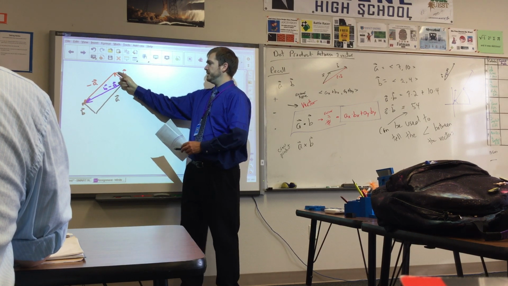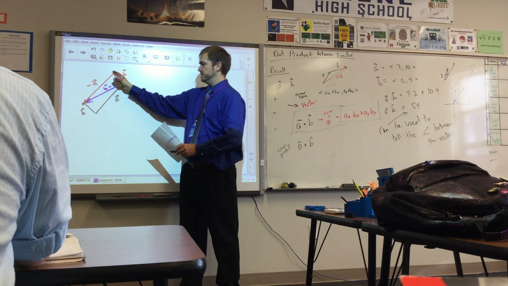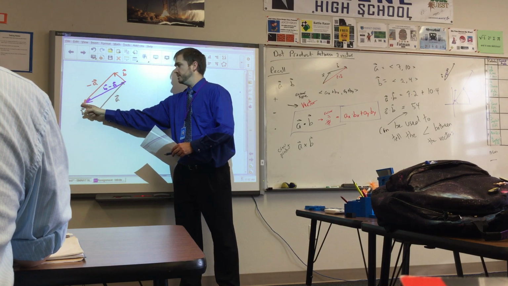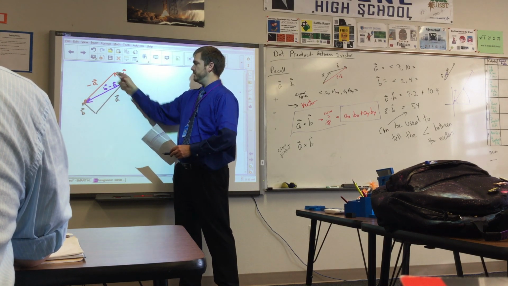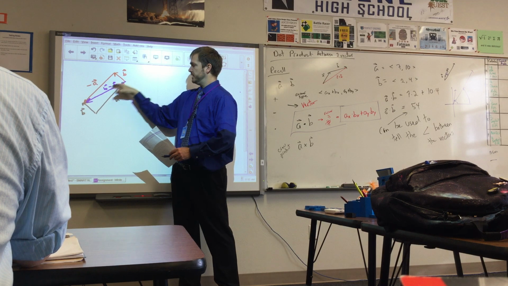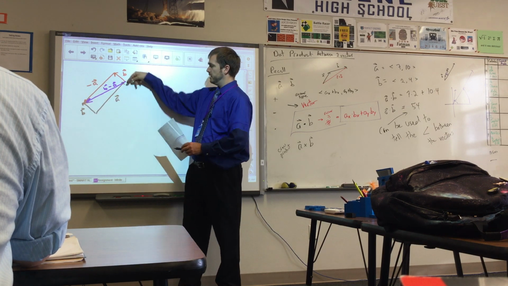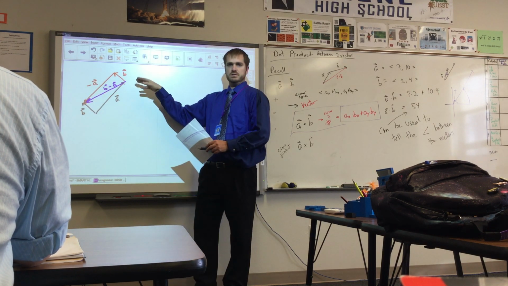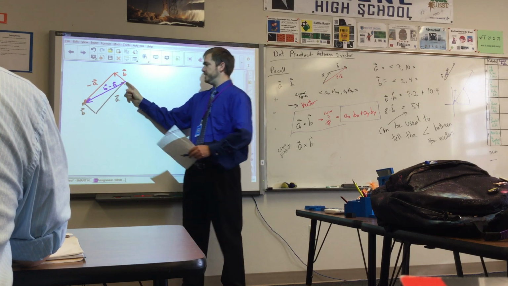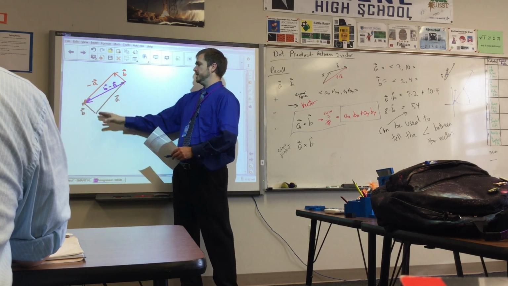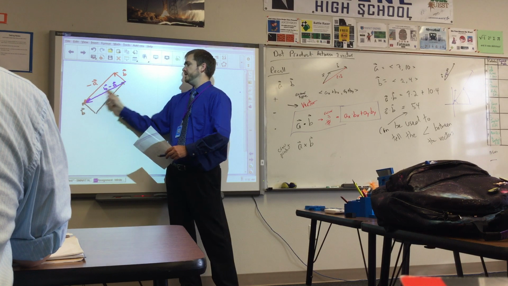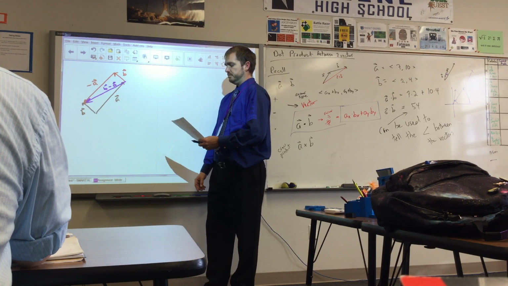So vector B plus negative vector A is going to give you B minus A. Head to tail, it's the same as going from here to here, along that. Does that make sense? Some people might think this is A minus B. It's not. It's actually from here to here. That's B minus A.